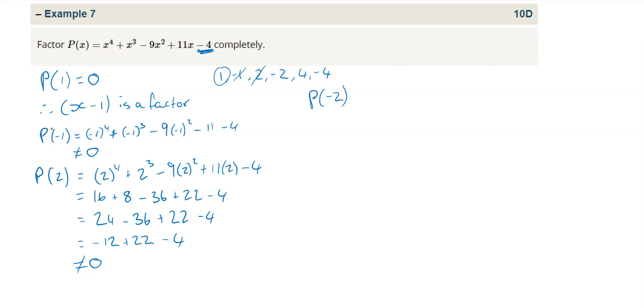So P of -2. It seems like this is long and arduous, but it saves us doing a long division each time. Yeah, this is quicker. Because what's the result after we do that? We're going to have a cubic result, which we then have to solve again. If you're starting off with a polynomial of degree 3, then you only have to do one long division, and then you can factorize the quadratic, because that's really easy.